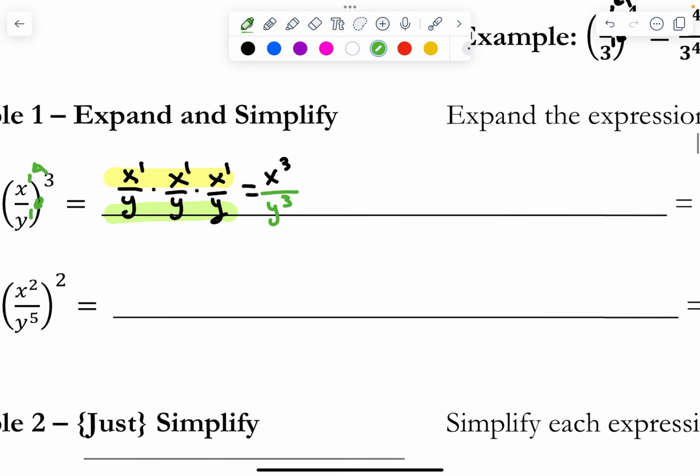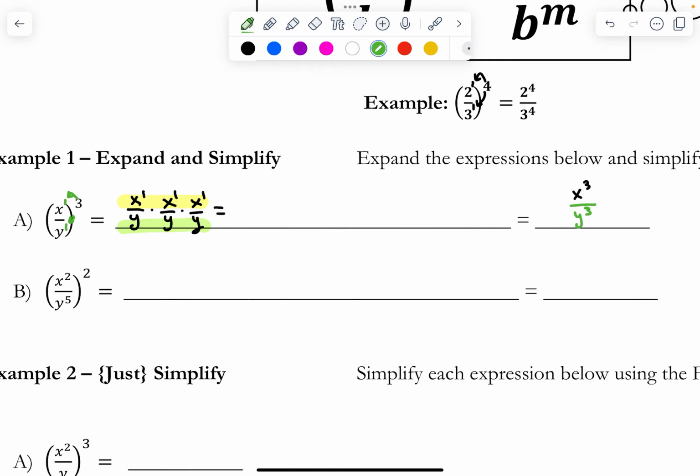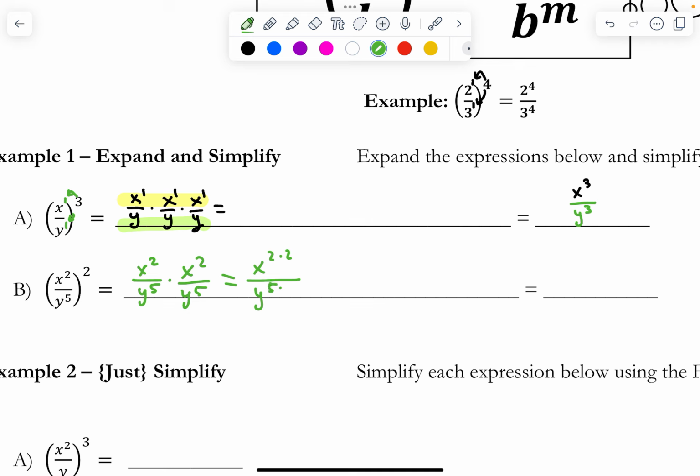So let me move this over to my answer. Cool. So this is just going to be x squared over y to the 5th times x squared over y to the 5th, which, again, remember, just equals x to the power of 2 times 2, y to the power of 5 times 2.